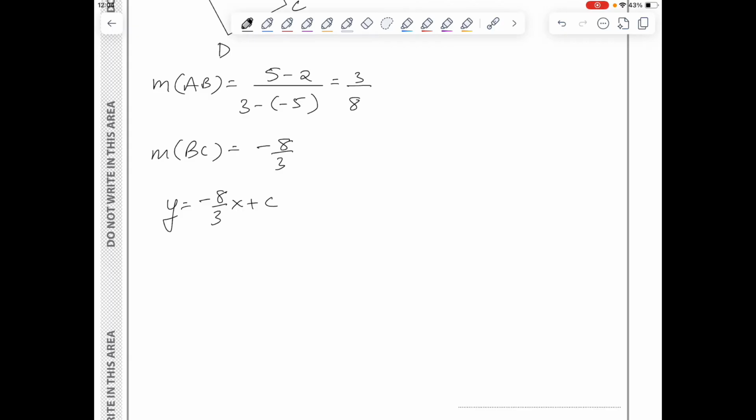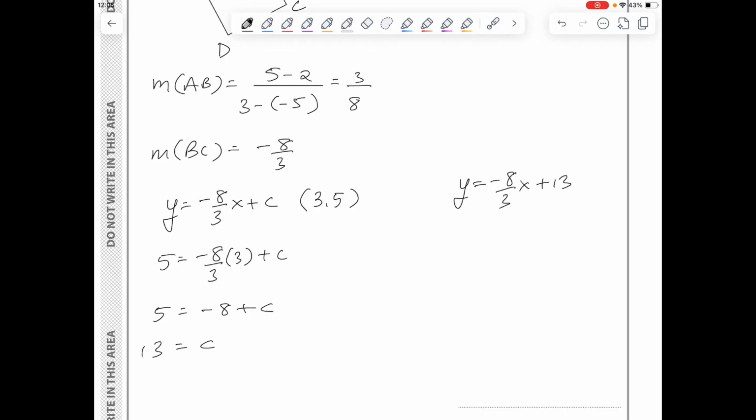I will use the point 3, 5 which lies on this line. 5 is equal to minus 8 over 3 times 3 plus c, so 5 is equal to minus 8 plus c. c comes out to be 13. So the equation of line BC is y equals minus 8 over 3 x plus 13.